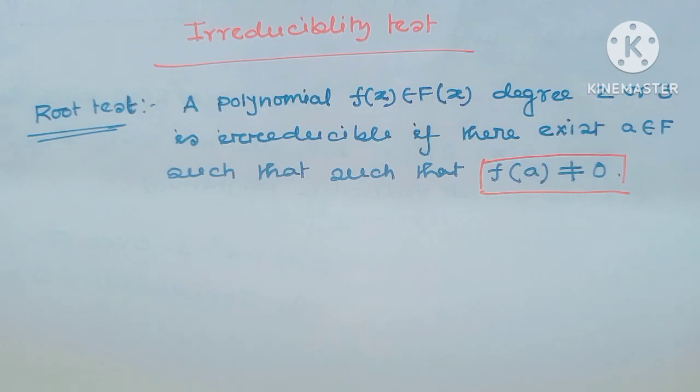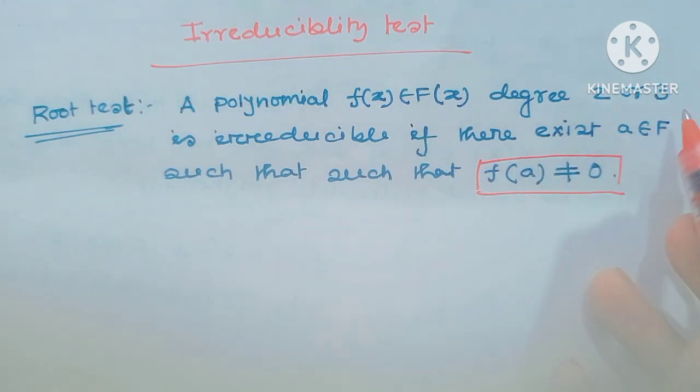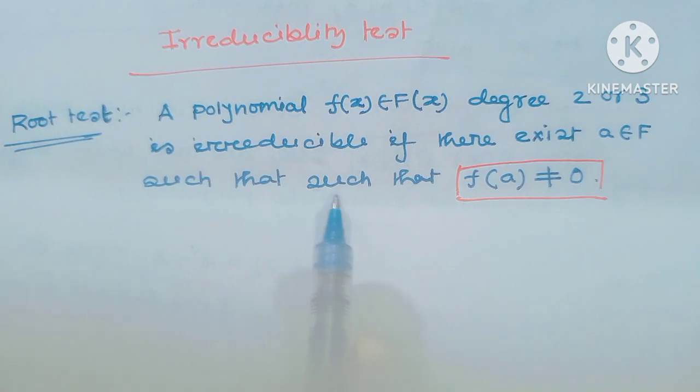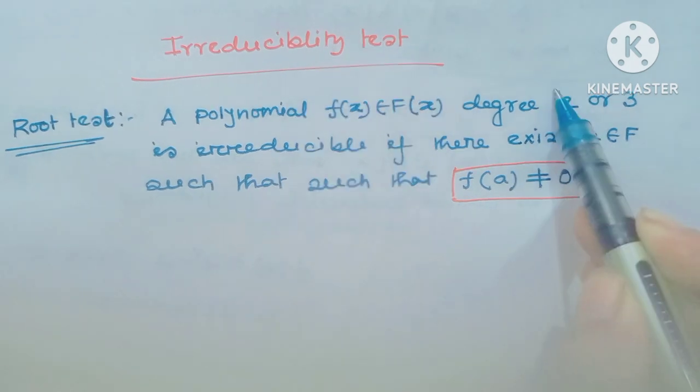One irreducibility test is the root test. A polynomial f(x) in F[x] which is of degree 2 or degree 3 is irreducible if there does not exist a belonging to the field F such that f(a) equal to 0. If f(a) is not equal to 0 for all a, then we can tell the polynomial is irreducible. Obviously, this polynomial must be of degree 2 or 3.